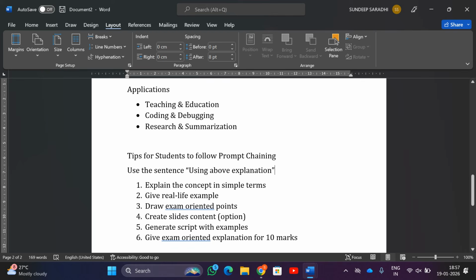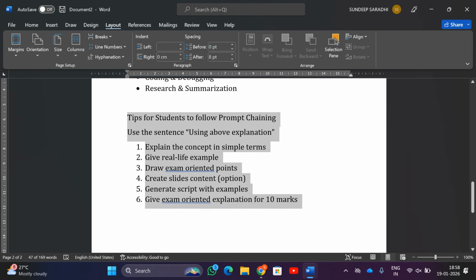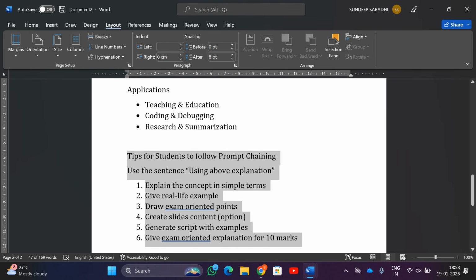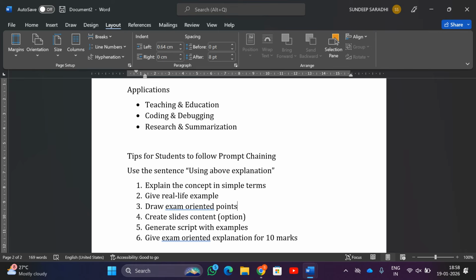If you want to generate the script for 5 marks or 7 marks or 10 or 12, whatever it may be. So this is most important and very useful for the students while they prepare for the examinations. So you'll be getting very clear clarity about that particular concept. You'll be understanding very clearly, right?